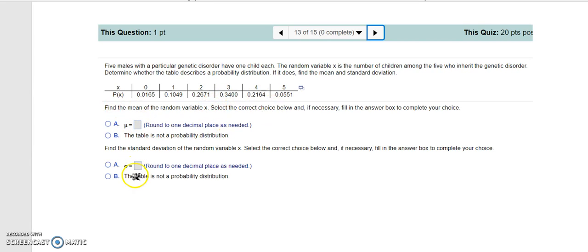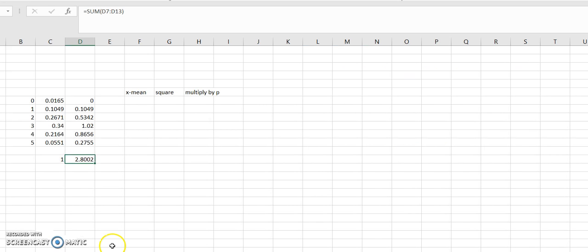The standard deviation is a little bit more tricky, and it's more convoluted to calculate, but it's not really different. For the standard deviation, you would actually subtract the mean from each of the x values. So that's what I'll do.